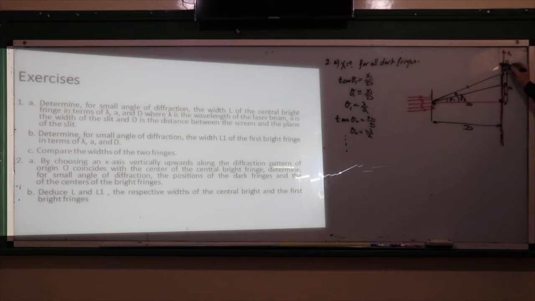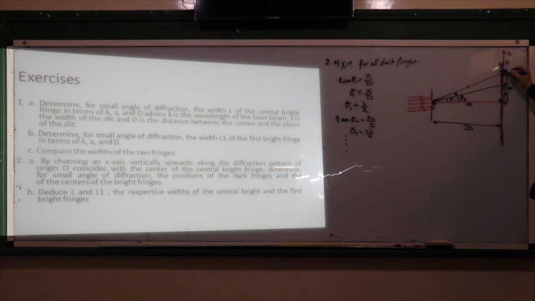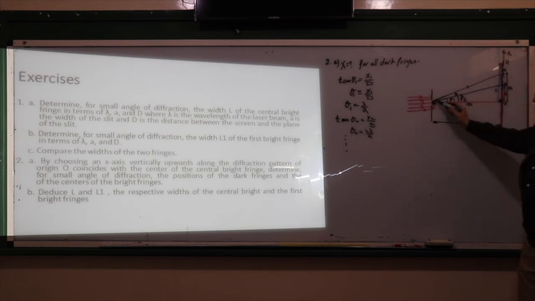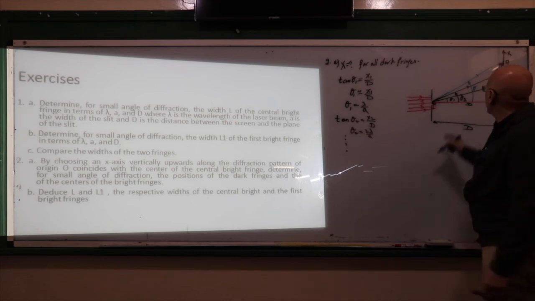Any dark fringe has abscissa X, which is variable. This is X. It can be C, it can be A, etc. And in general, it has angle theta. So I am going to find the positions in general.